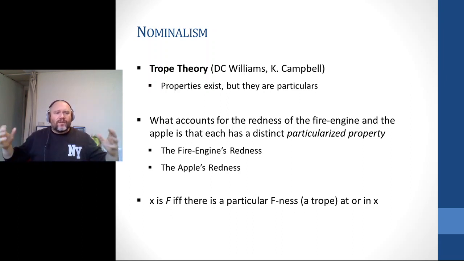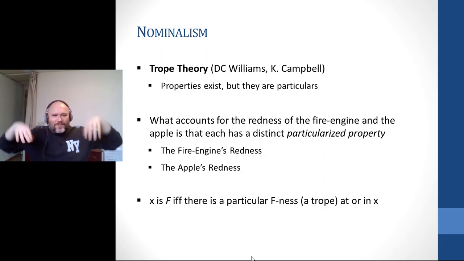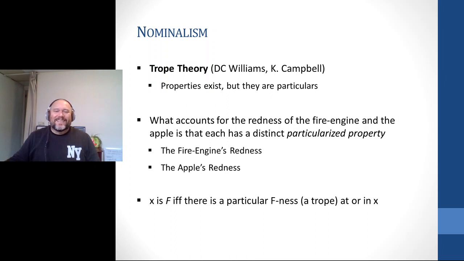So instead of thinking about redness as a universal, instead we can talk about particular instances of red. So there'll be the fire engine's redness, the apple's redness, the sweater's redness, right? This sweater's blackness, right? The weird nebulous region just below my picture's blackness in the video.